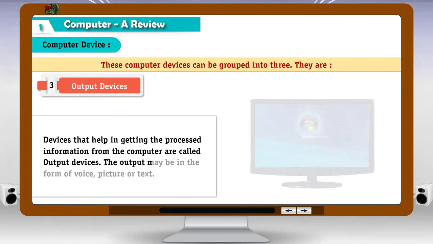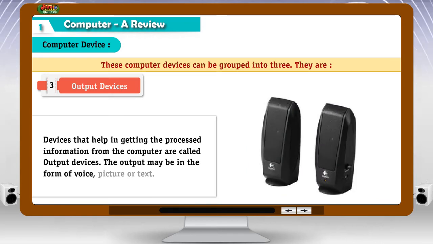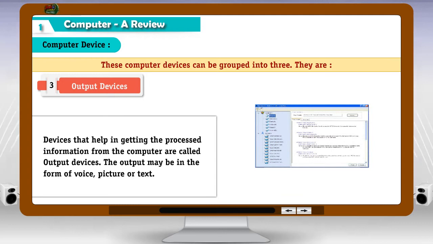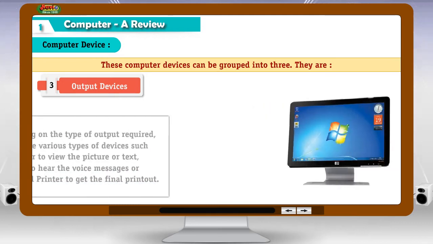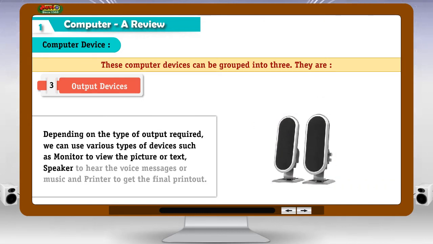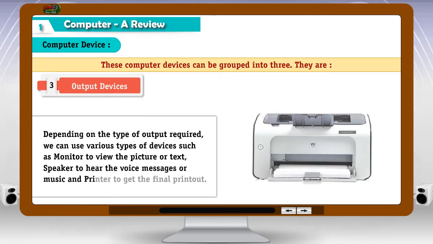The output may be in the form of voice, picture, or text. Depending on the type of output required, we can use various types of devices such as monitor to view the picture or text, speaker to hear the voice messages or music, and printer to get the final printout.